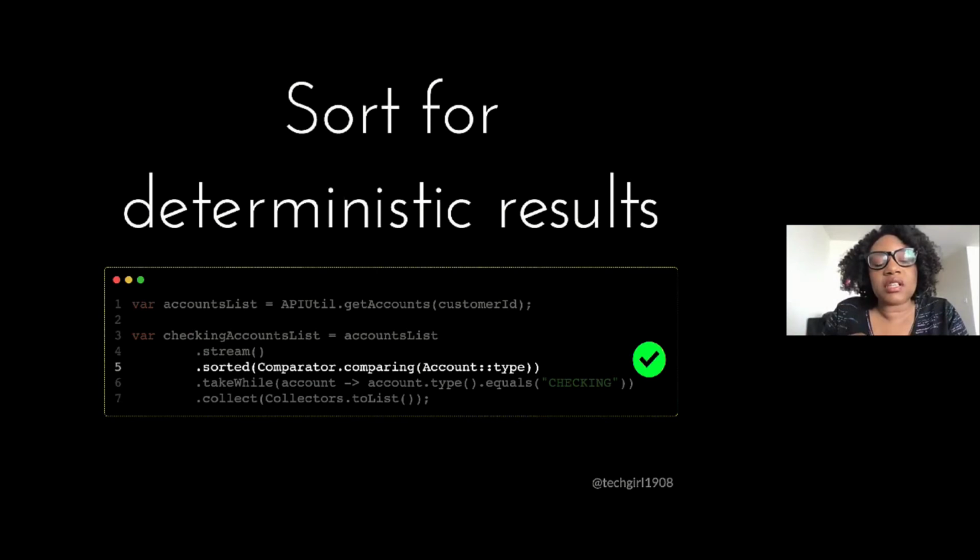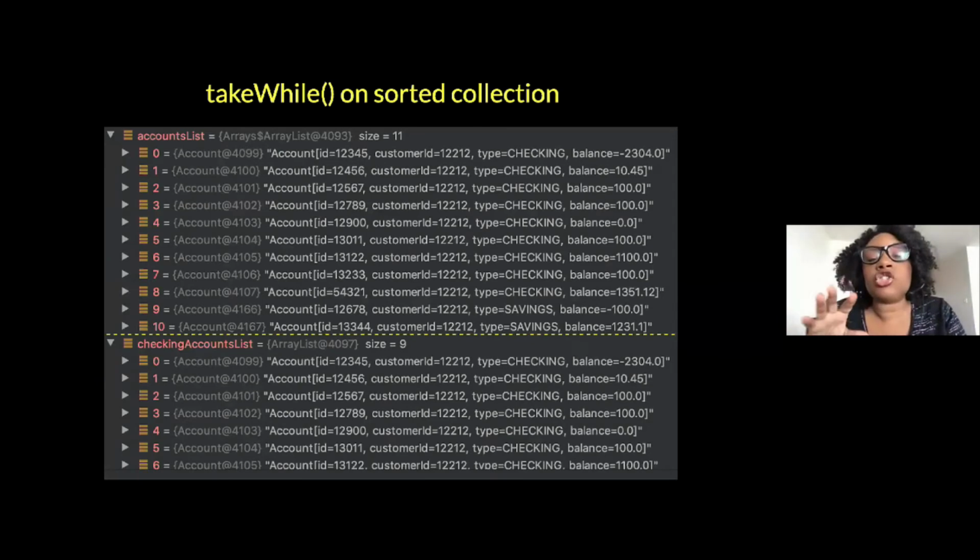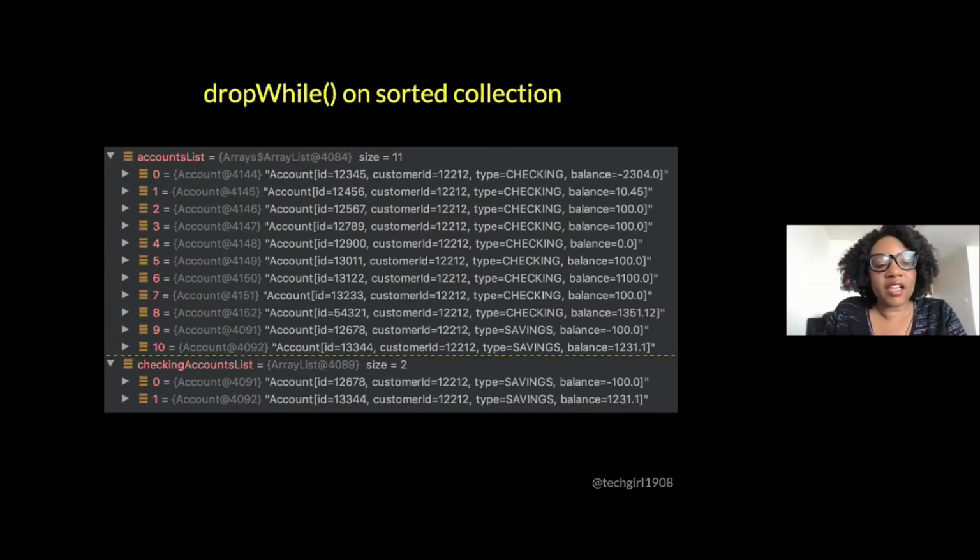Notice I'm using this comparator to specify which property I want this object sorted by. So the type from account. And given this sorted list, we see that it collects all of the checking accounts. And now this actually makes more sense. Likewise for dropWhile. Okay, good.